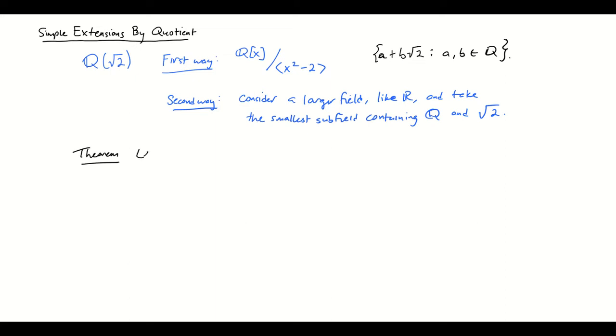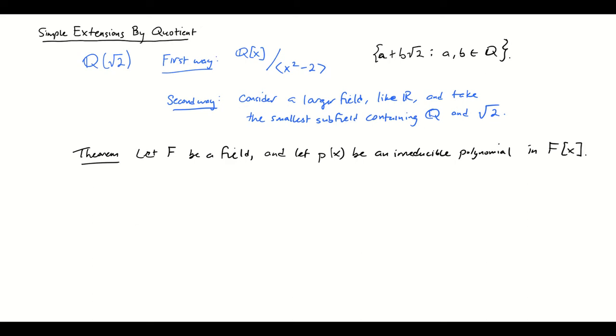Theorem: let F be a field, and let P of x be an irreducible polynomial in F adjoin x, so it's irreducible over F. And also let K be an extension field of F that contains U, a root of P of x.